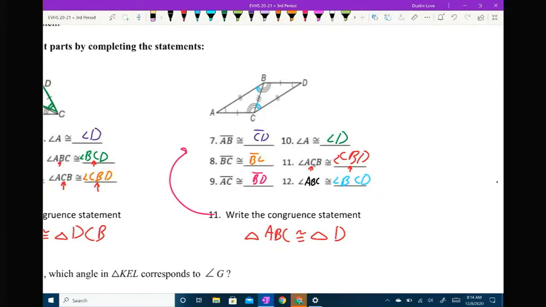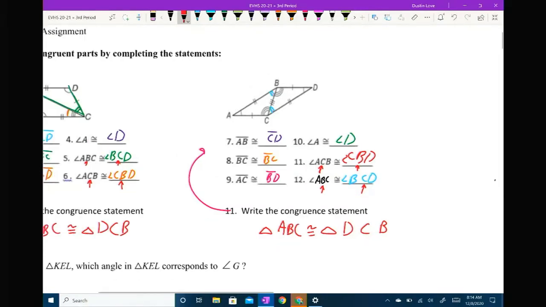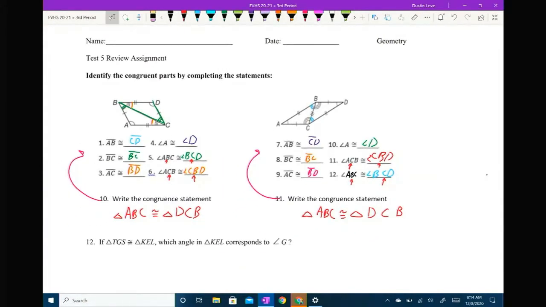I'm thinking of it backwards. Okay, yeah, C matches with B. And since C is in the 3rd position, B goes in the 3rd position. Now here we've got B. B matches with C. B is in the 2nd position, so C goes in the 2nd position. So those ended up being the exact same answer for both of those, but it's not going to happen every single time that way. Make sure you're just following your angles around.